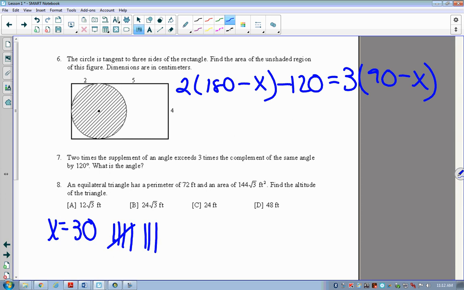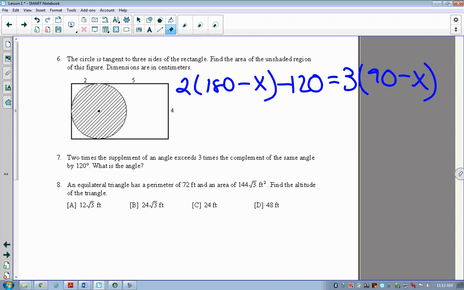Okay, 30 is our answer. Very good. Katie, did you end up with an answer? Did you get 30? I think that's everybody in here, right? Emily, did you get 30? Okay, great. Everybody got the right answer. So we can move on. So yeah, the answer is 30. You distribute the 2. You got 360 minus 2x plus 120. So yeah, you guys did it great.